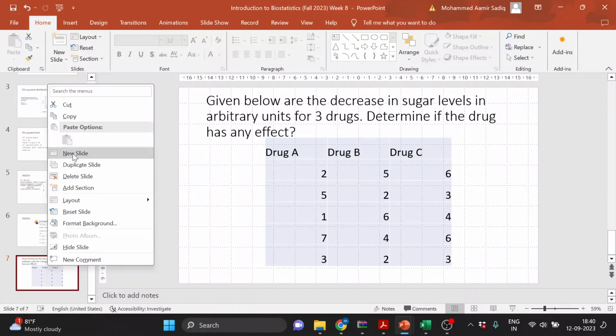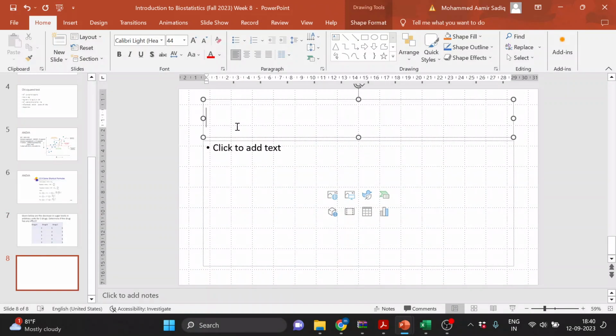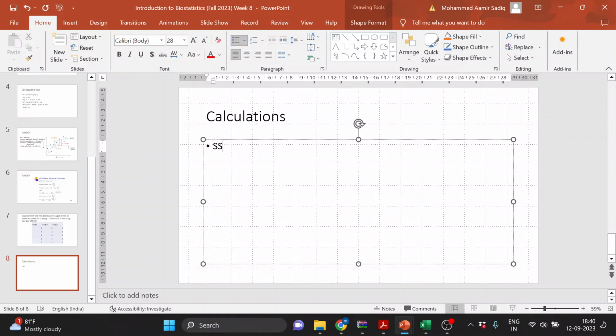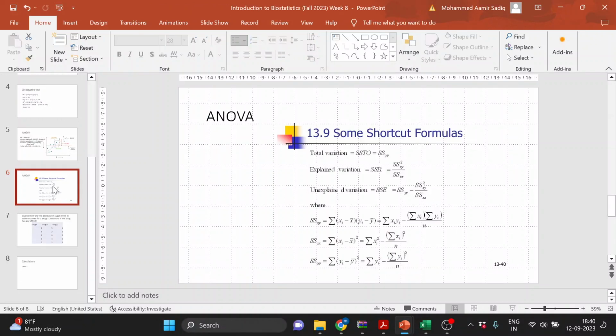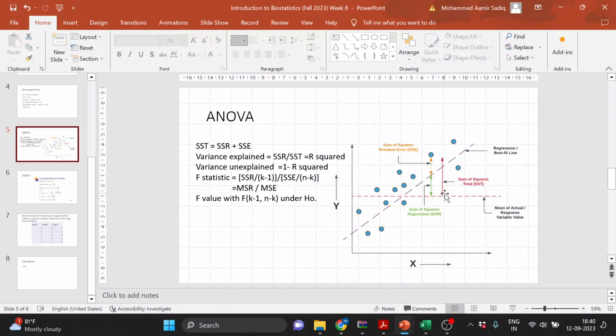So let's calculate our three most important values. Your SSYY is nothing but, what is your SSYY? Tell me, anyone? It's this distance, no?